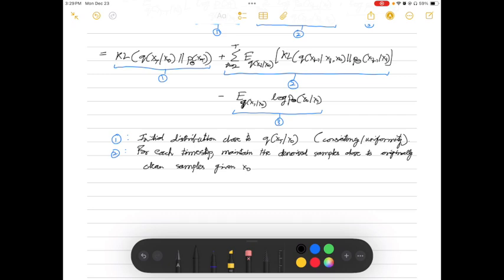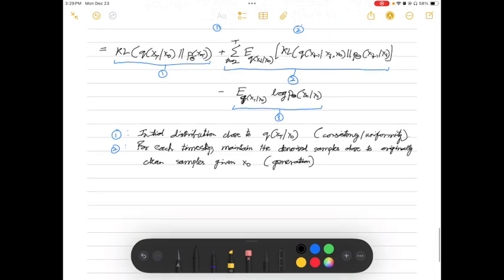Given x naught. And so this term is imposing, you could say, retrieval, or essentially this term is what is doing generation. So this is perhaps the most important term to maintain the structure of the data while also giving us new samples.